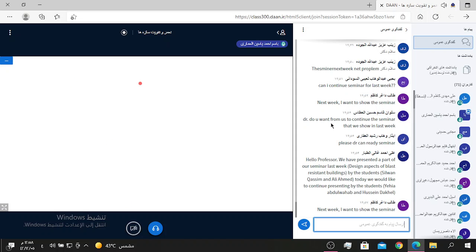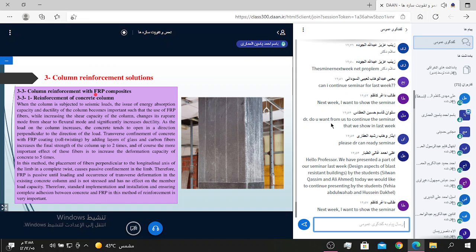Column reinforcement solution. Column reinforcement with FRP composite. Reinforcement of concrete column, like this picture, doctor.